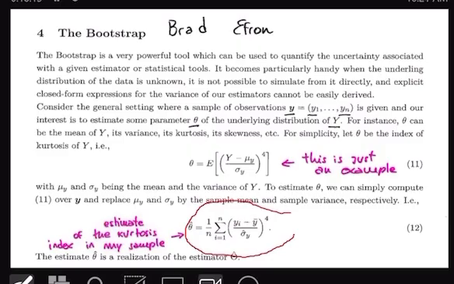Parameter is the population characteristic value that we're seeking to figure out. The only way to get the parameter exactly is to know the probability distribution of y, which will enable us to find the expected value of y, which is the mean of y, and the variance and the standard deviation of y.